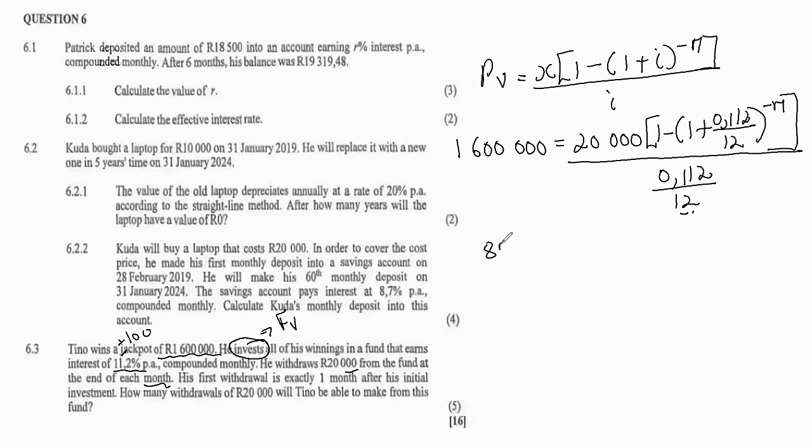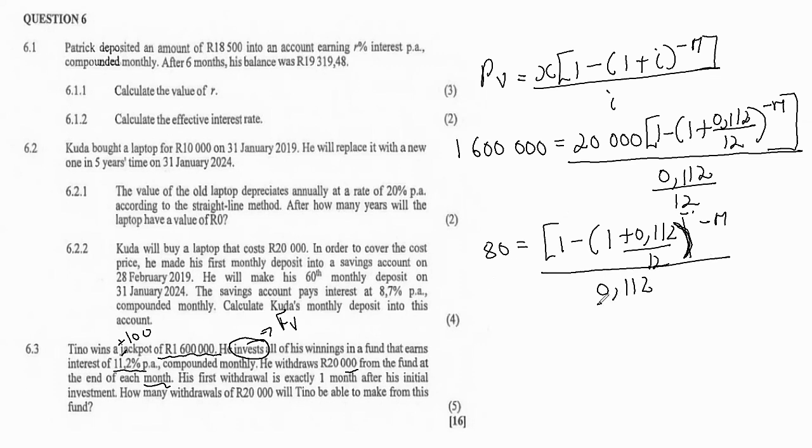So I have the 80 here, and then 1 minus 1 plus 0.112 over 12 to the exponent of negative n, over 0.112 over 12.